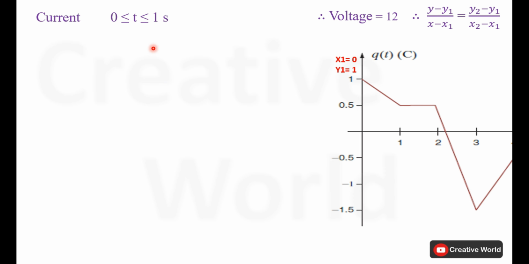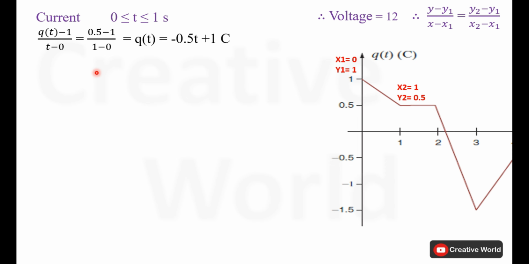Finding the current between the time interval 0 and 1 second, our initial points on this graph will be x1 equal to 0 and y1 equal to 1, and our final points will be x2 equal to 1 and y2 equal to 0.5.